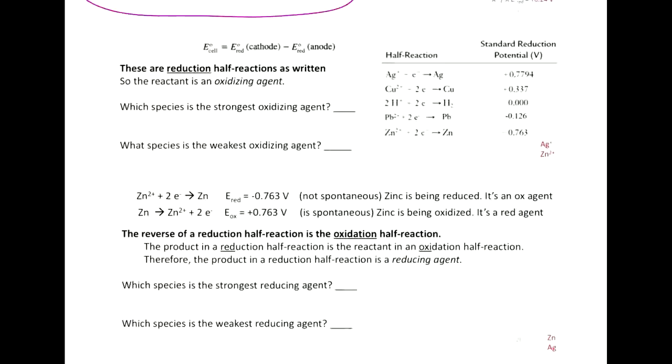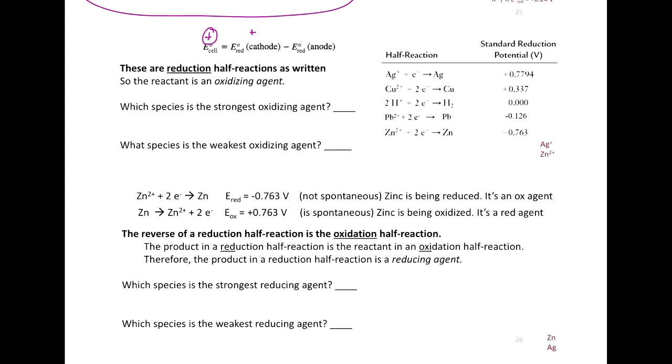All right, so how else can we read reduction half reactions? I'll remind you that our goal is to have spontaneous reactions, so we want this cell potential to be very positive.